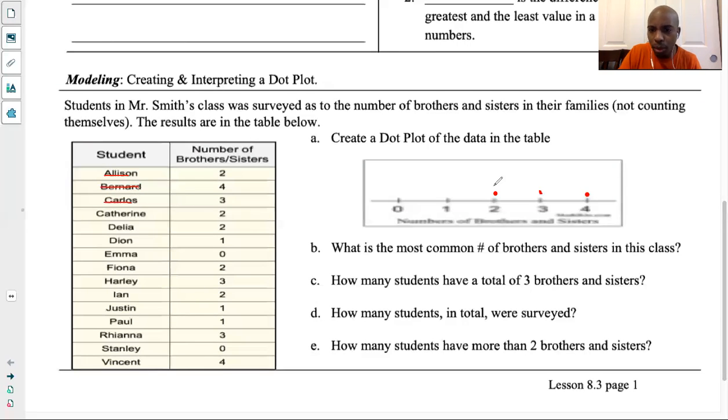Catherine is 2, so I'm gonna put another dot right above that one, okay? So that's 2 there. All right, Delia, she also had 2. Okay. Dion had 1.